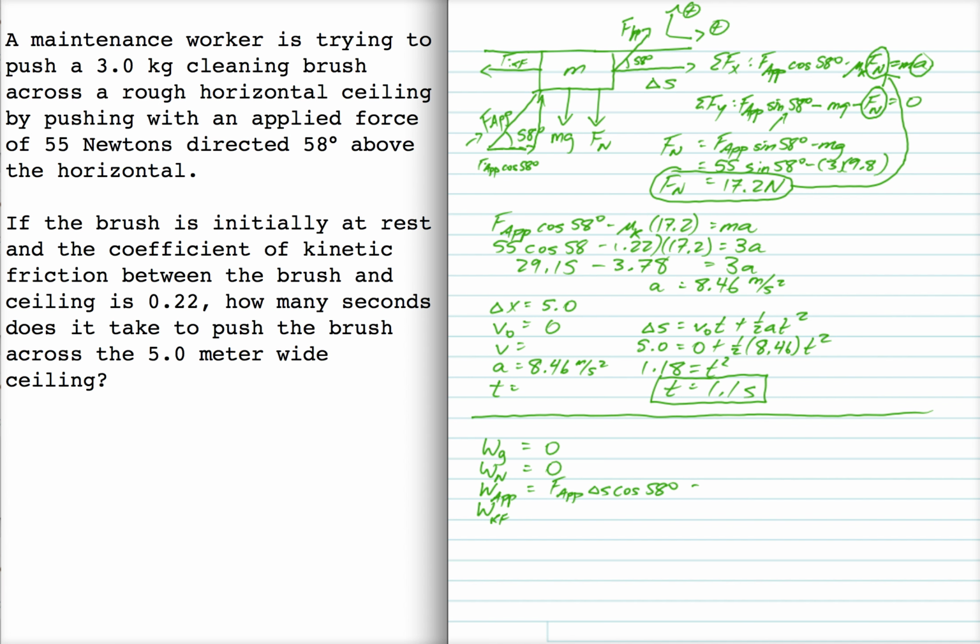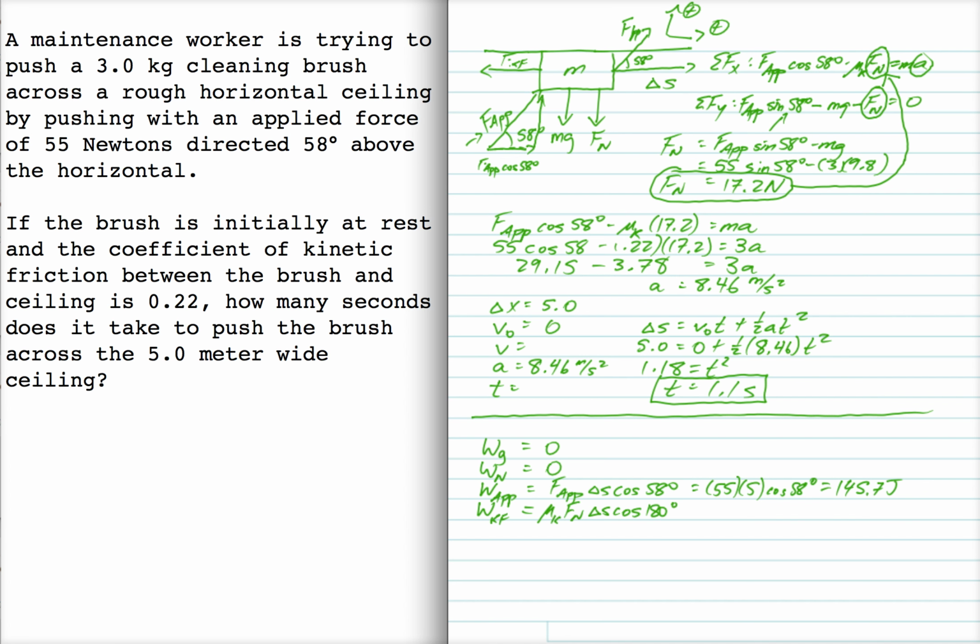So that works out to be, the applied force is 55 newtons, delta S is 5 times cosine 58, so that works out to be 145.7 joules. Now, work done by kinetic friction, that's going to be the force of kinetic friction times delta S times cosine 180.